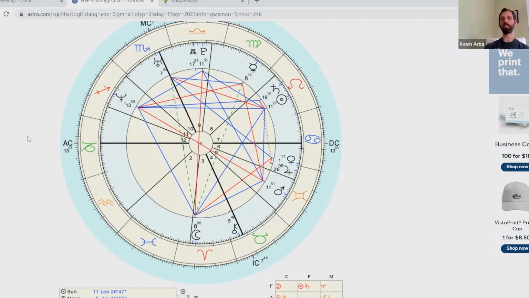And that is fairly typical of what I've found when an outer planet transits a person's ascendant. The health issues are something that happen, but I would say it's less common. What's more common is it's just a challenging period of a person's life. And if they use that energy well, when they come out on the other side of it, they've somehow been transformed.